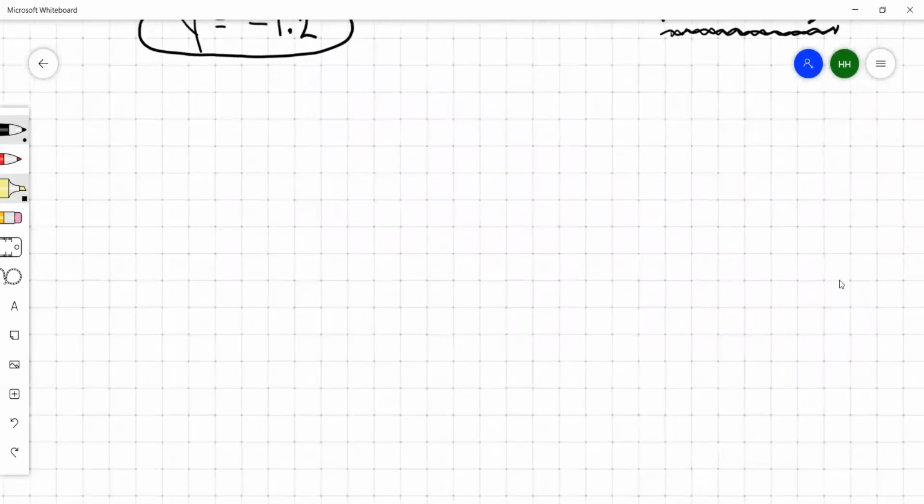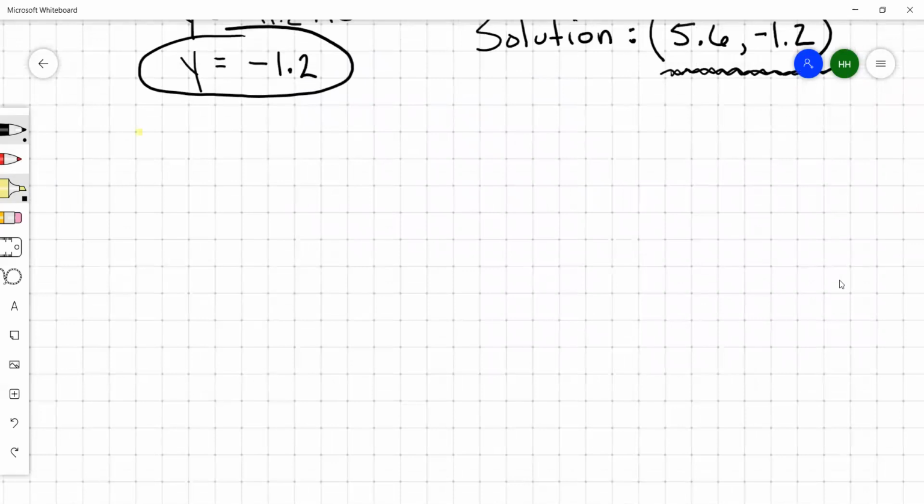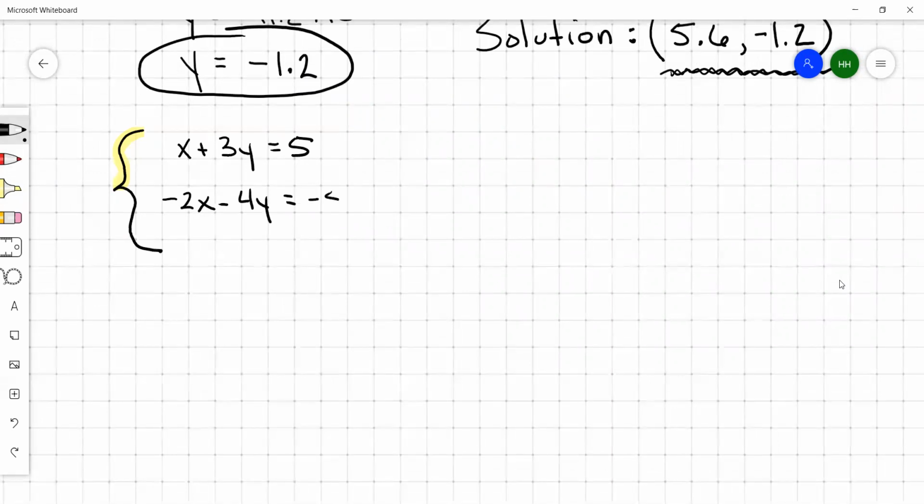Here's our system this time. We've got x plus 3y equals 5, and negative 2x minus 4y equals negative 5. So again, we're going to look at the two equations.